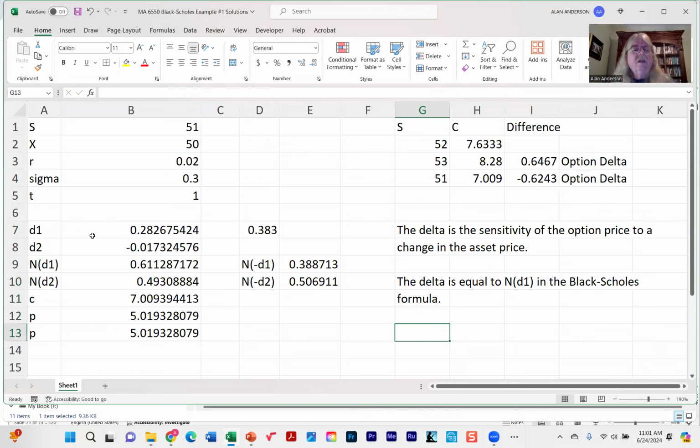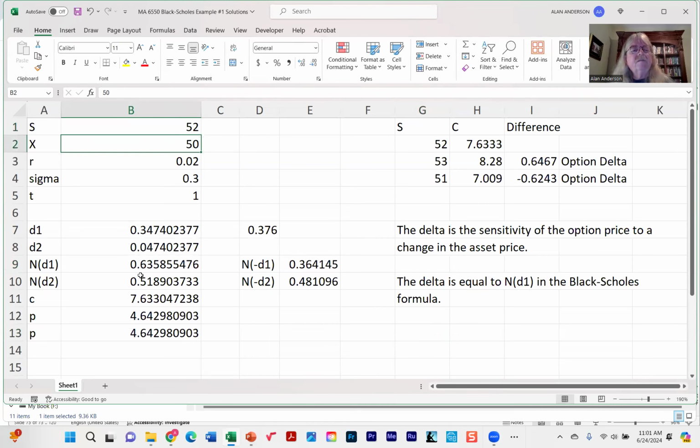What an interesting twist. So right here, when we're at 52, the delta, according to this, is about 0.6359. You can see these change by about, off a little bit, but that's pretty close to 63.59. So that's the predicted change in the price of the option due to a given change in the asset price.